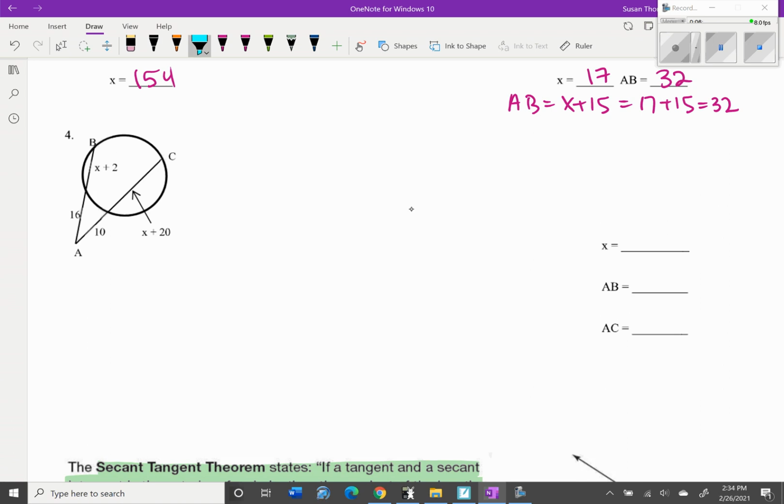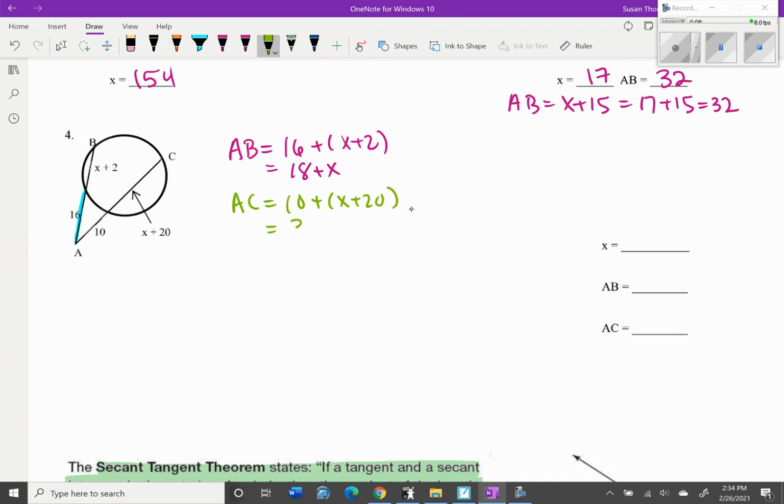So for this one, the outside is 16 and the whole for AB is equal to 16 plus x plus 2. So that would be 18 plus x, or x plus 18. And then for the next one, let's look at AC. The whole would be 10 plus x plus 20.